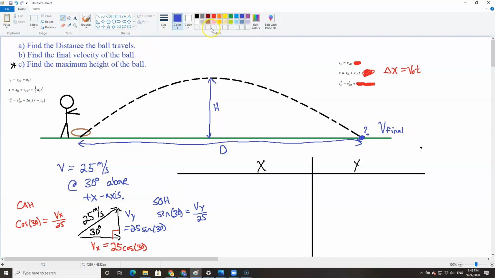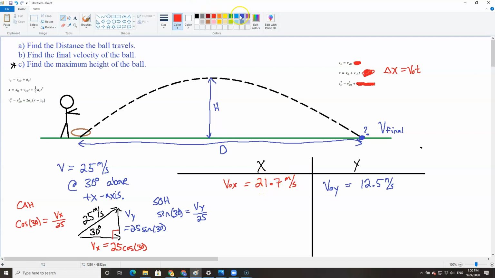Using a calculator is going to reveal that the V initial for the y direction is going to be, I'm sorry, not 15 meters per second, 12.5 meters per second. And then 25 times the cosine of 30 degrees is going to be 21.7 meters per second. So we'll go V initial for the x is 21.7 meters per second.